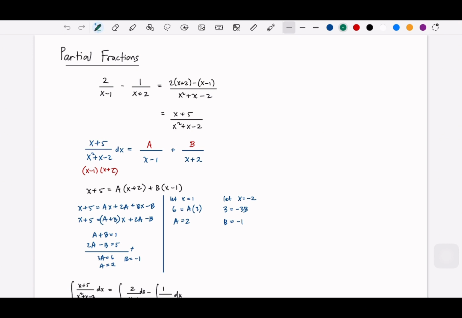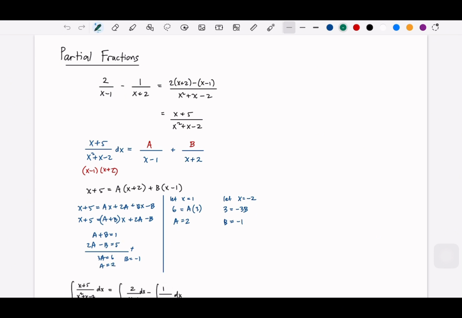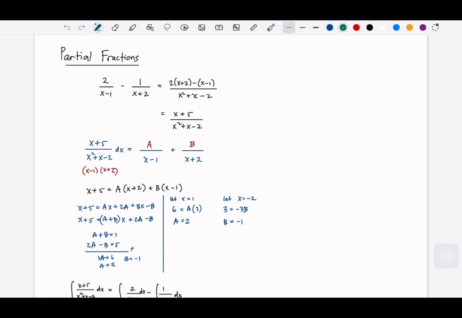Okay, so I get how you get this triangle, right? Because from this, here, this. And then what do you do after that? This or this? No, this will be for this theta. Theta will be based on this one. And then what do you do after getting this triangle?